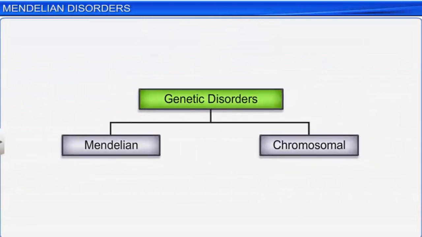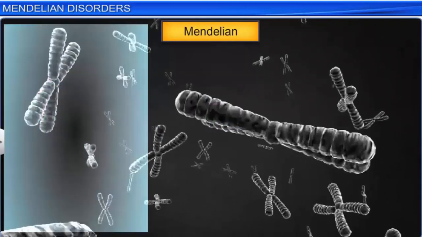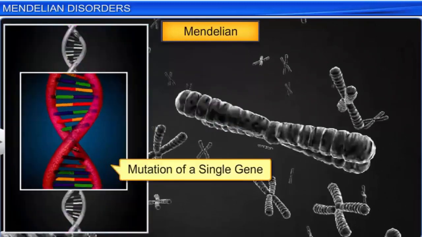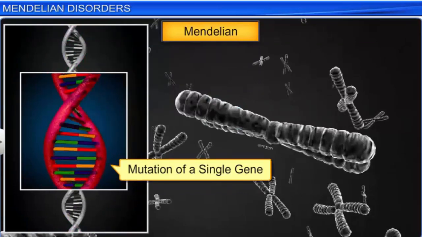We can broadly classify genetic disorders into two types, Mendelian and chromosomal. Mendelian disorders include genetic disorders caused by alterations or mutations in a single gene, as in thalassemia and sickle cell anemia.